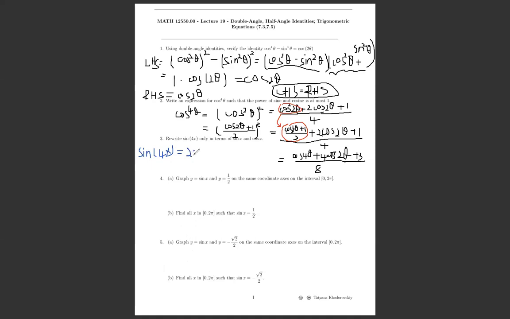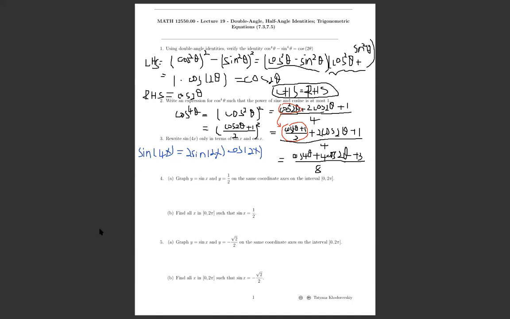So that is 2 times sine of 2x times cosine of 2x. That is the double angle formula for sine. That is the first step.